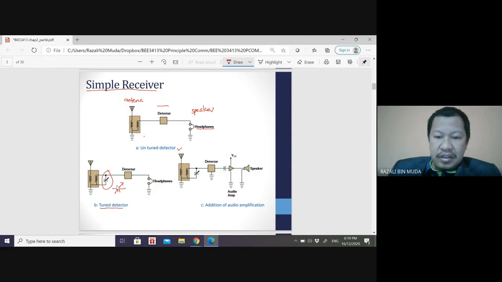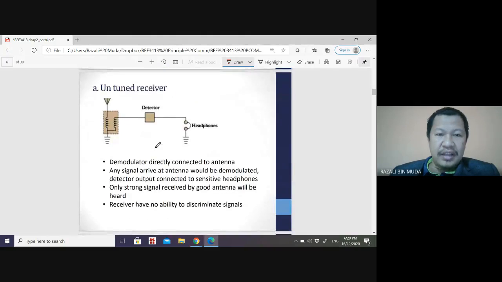Next is the addition of audio amplification. After adding the tune detector, they add the amplifier. So these are three basic or simple receiver circuits.